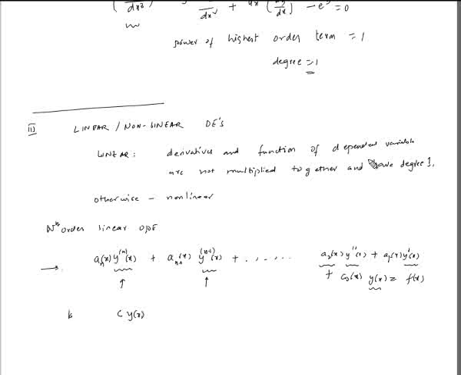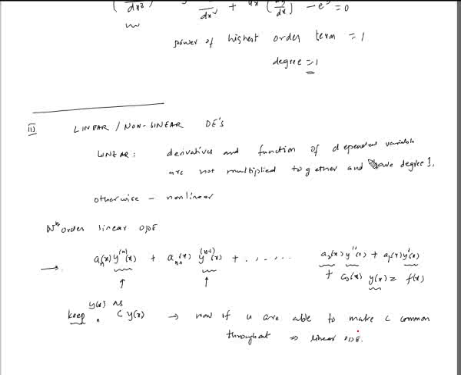Keep y of x as c of x, and now if you are able to remove c common throughout, then that becomes a linear equation. So this we'll see when we check whether a given equation is linear or non-linear.